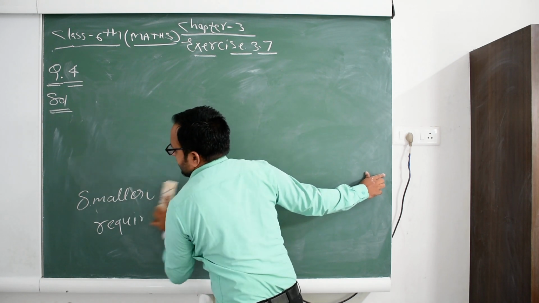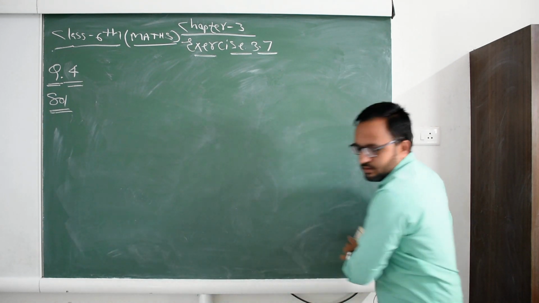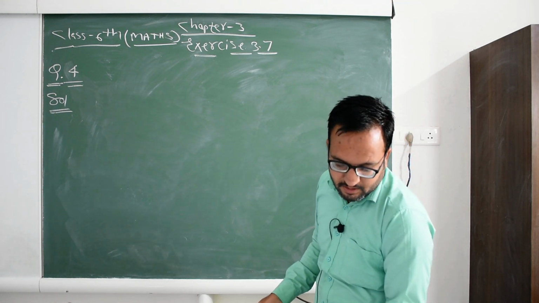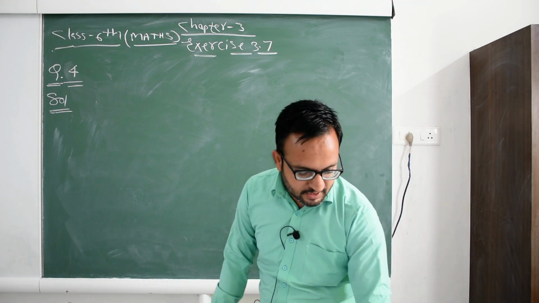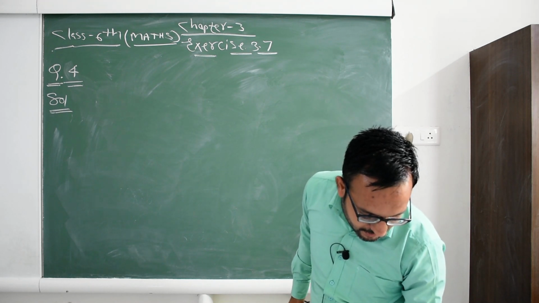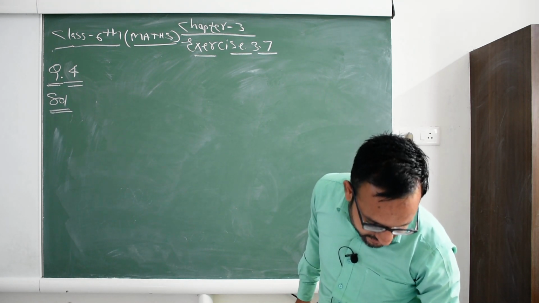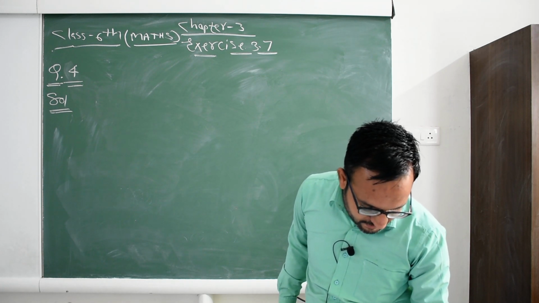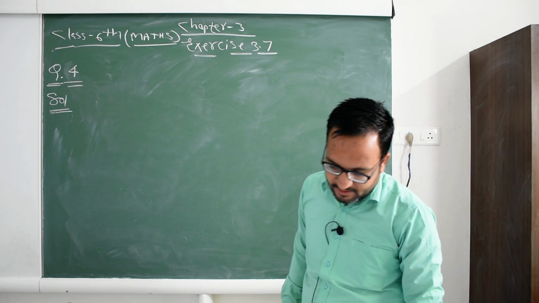Two, three more questions have the same pattern as question number 4. Now we discuss question number 6. Traffic lights at different road crossings change after 48 seconds, 72 seconds and 108 seconds.